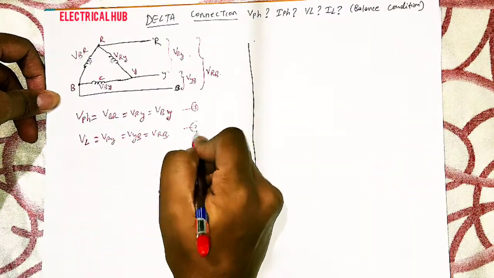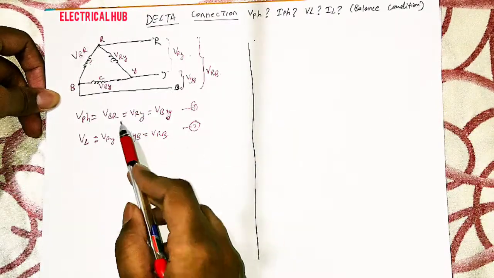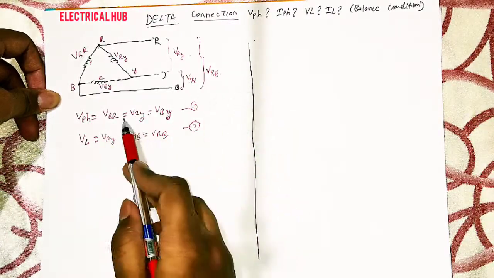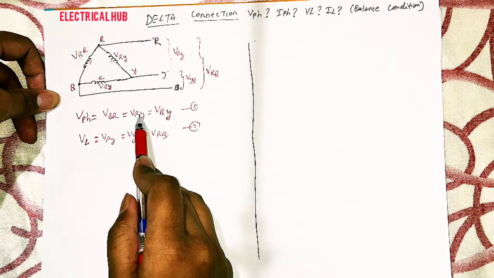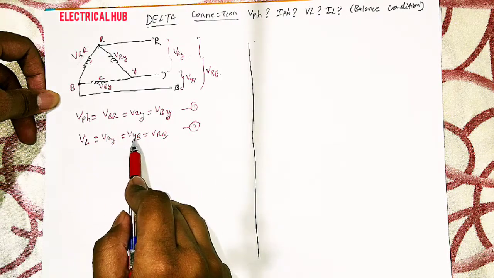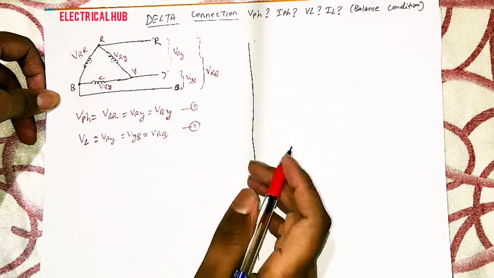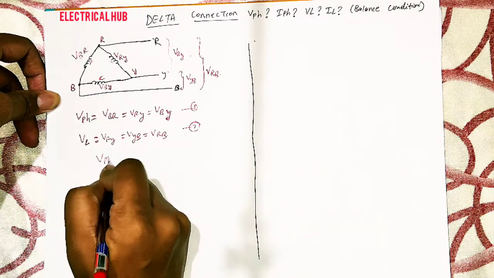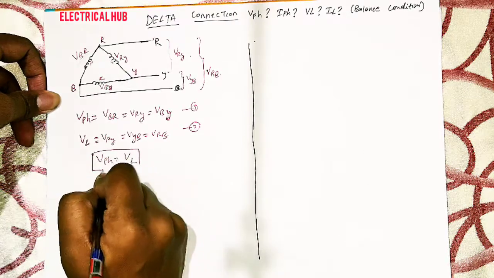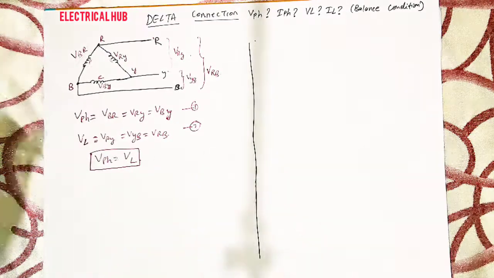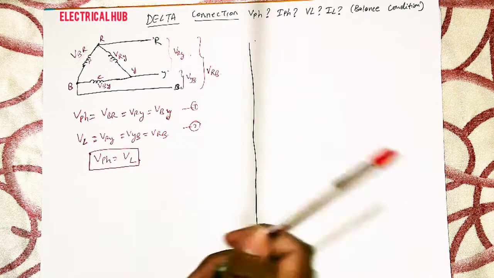From equation 1 and 2, we can say that VPH equals VL. You can have a look here: VBR is equal to VRB, VRY equal to VRY and VYB equal to VBY. So we can say that VPH equals VL. And now we have got the relation between phase voltage and line voltage.